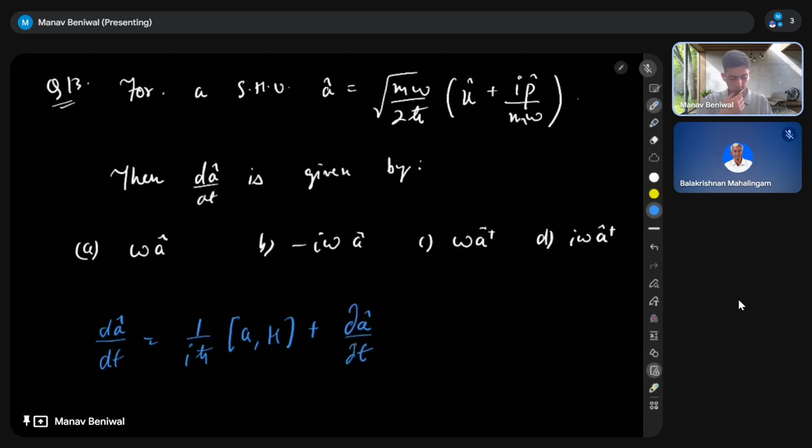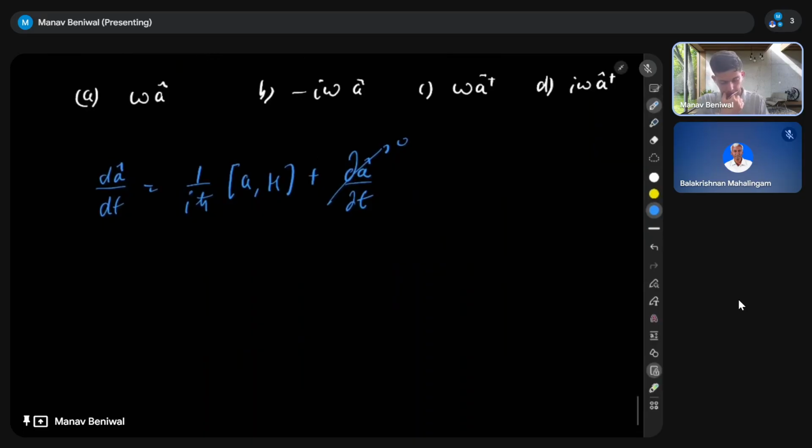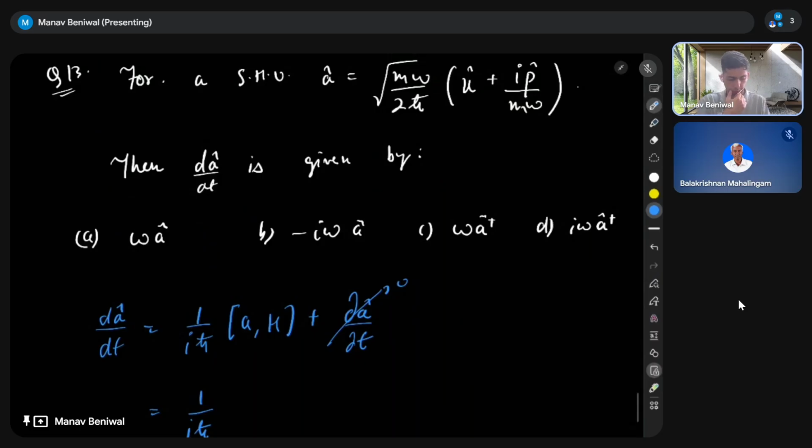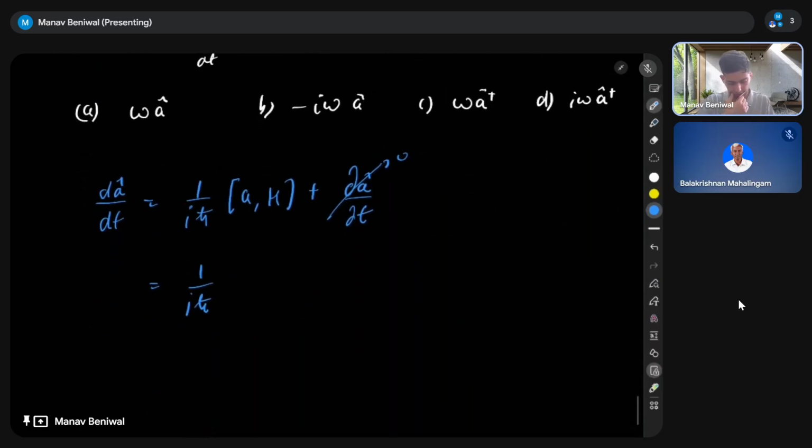Now there is no direct time dependence, so this term directly goes to 0, and we can write our dA by dt as 1 over iota h cut, and this A is under root m omega by 2 h cut, that also we can bring outside.